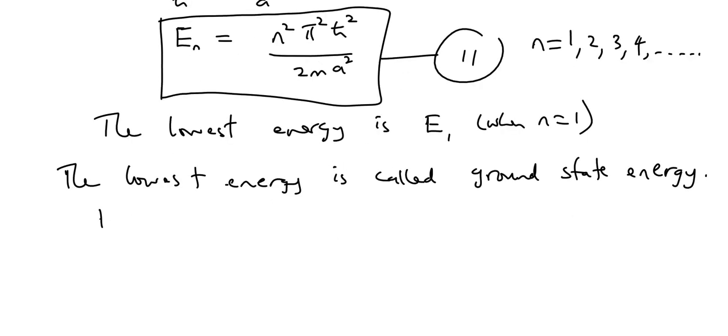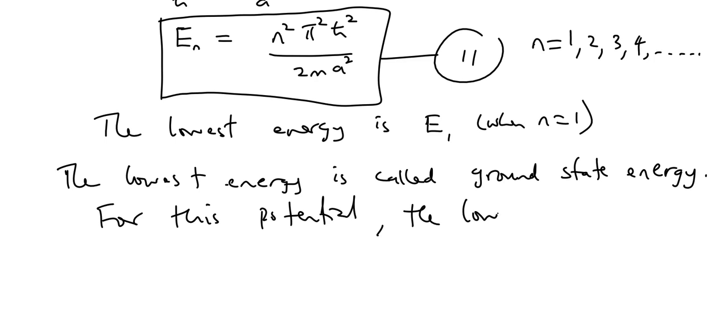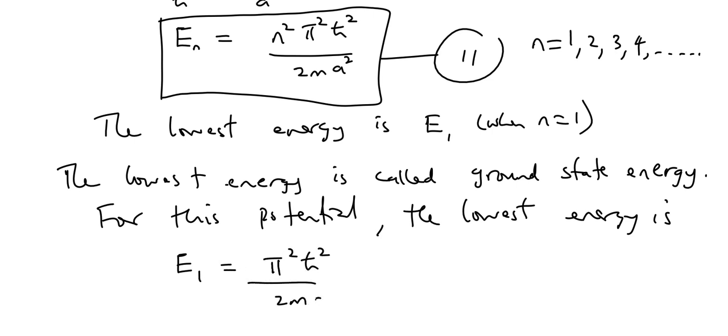So for this particular potential, the lowest energy is E1, which equals, so n will be 1, pi squared h bar squared over 2m a squared. That is the lowest energy it can have.